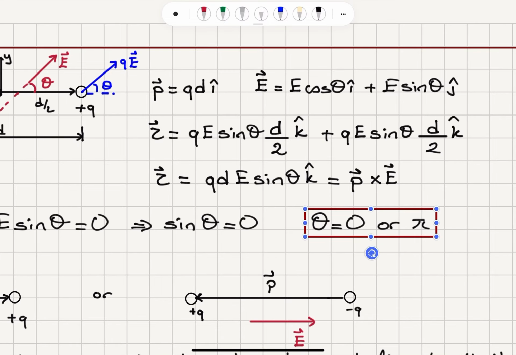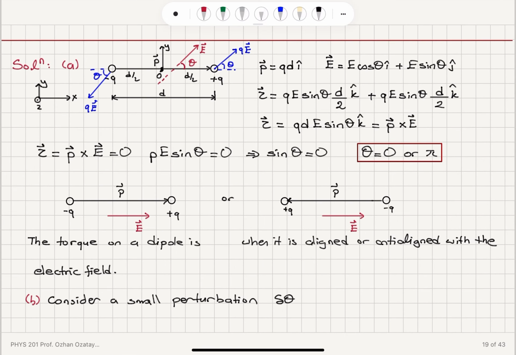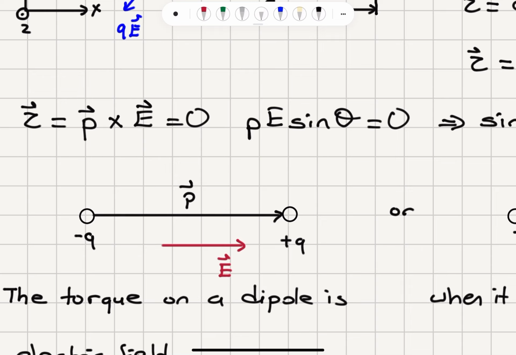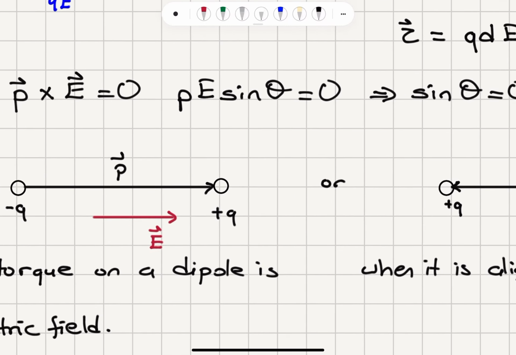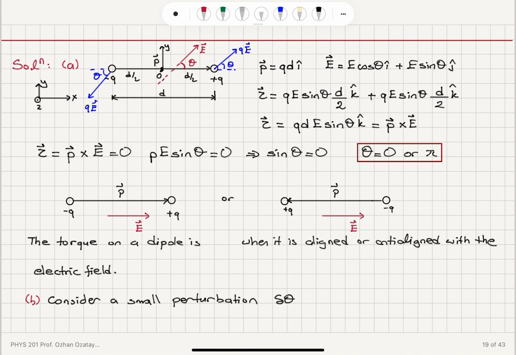So the 0 torque configurations are theta equals 0 or theta equals pi. If we draw this, theta equals 0, the p vector is aligned with the electric field vector, or p vector is anti-aligned with the electric field vector. So we see that the torque on a dipole is 0 when it is aligned or anti-aligned with the electric field.